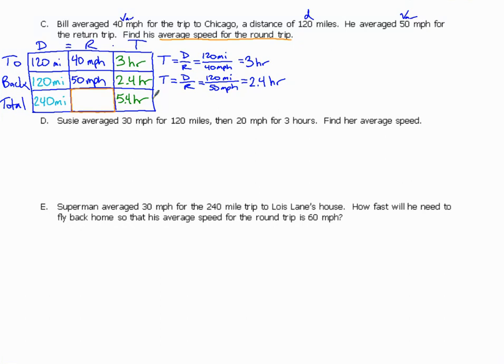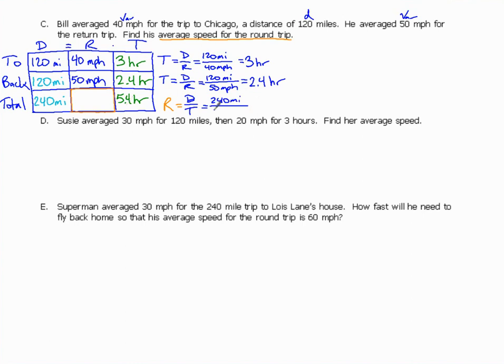The last thing that I want to know, and this is what I'm actually looking for, is the rate. So I'm going to say R equals, make it orange so we know what's going on here. And this is going to be rate, distance over time. Distance over time. That's how we find rate. Total distance for the round trip, 240 miles.